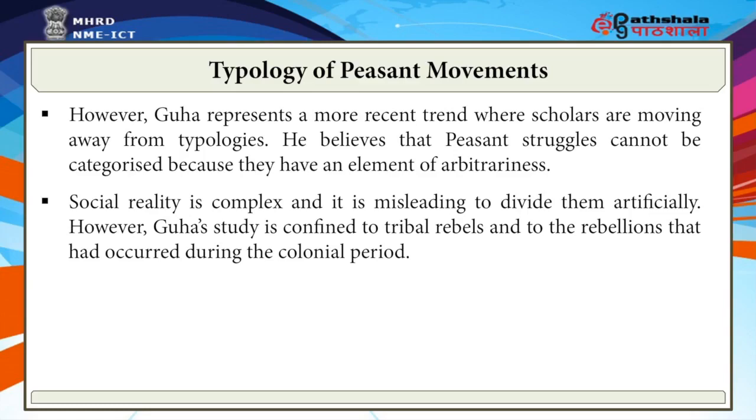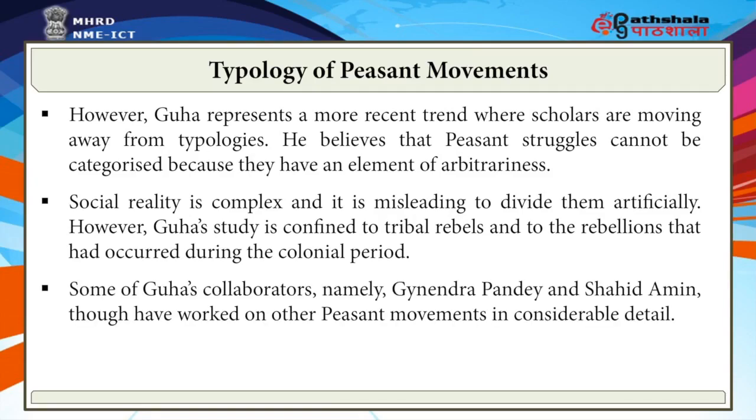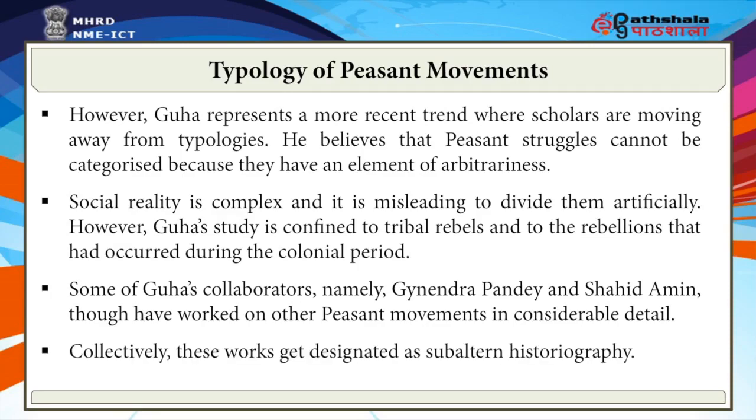However, Gough's study is confined to tribal rebels and to the rebellions that had occurred during the colonial period. Some of Gough's collaborators, namely Gyanendra Pandey and Shahid Amin, though, have worked on other peasant movements in considerable detail. Collectively, these works get designated as subaltern historiography.